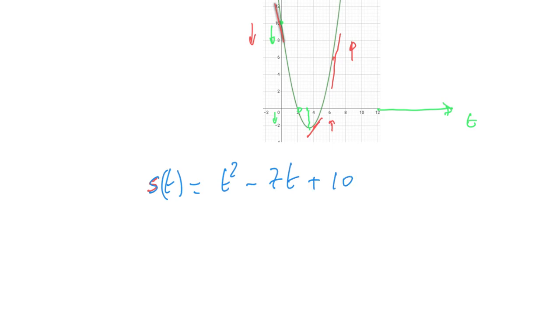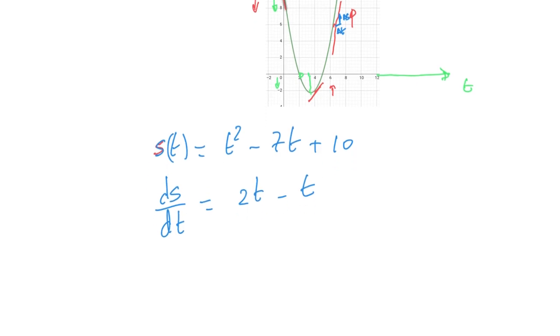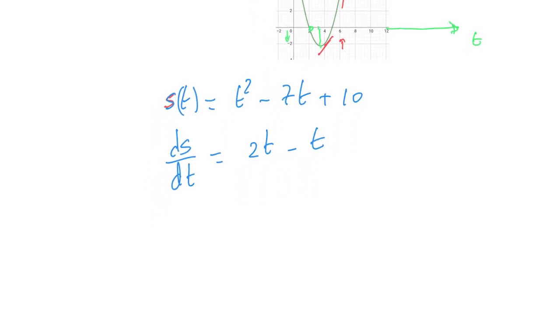The velocity is the slope, the amount of distance delta s divided by delta t, the change in the position divided by the change in time, the limit when delta t goes to 0. So it is the derivative of s with respect to t. And what is the derivative of s with respect to t? It is 2t minus 7. Now this is the slope. So we found the velocity.